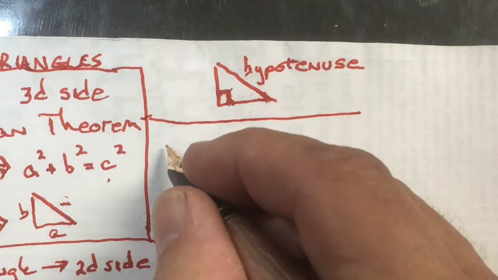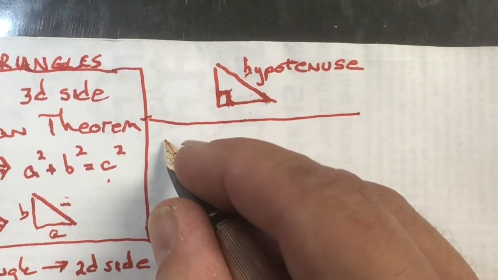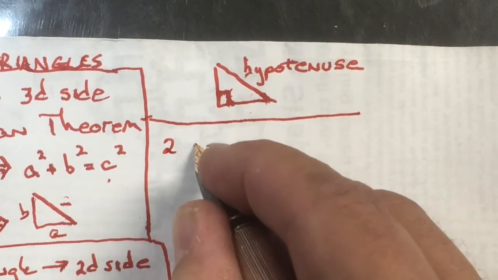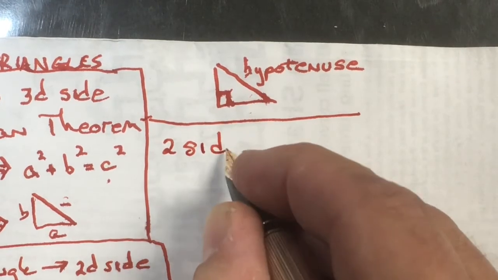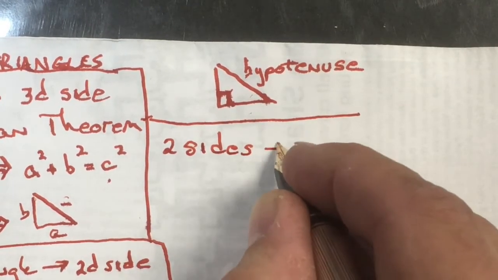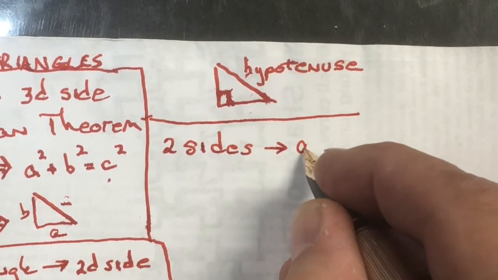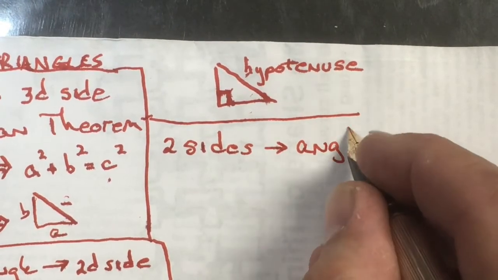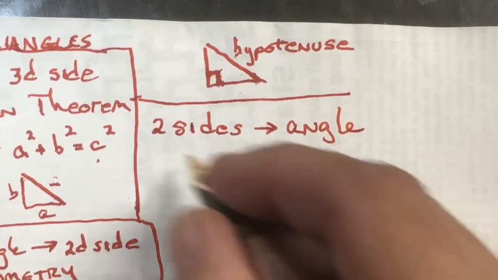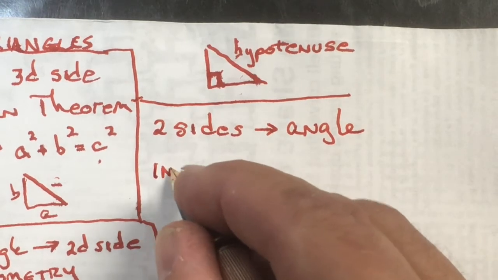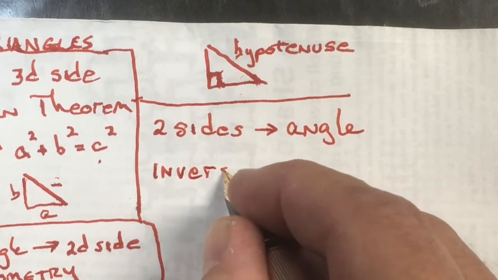Another thing that can happen is I could give you two sides, and ask you to find an angle. Remember, the hypotenuse is always opposite of your right angle, right? Okay? That's an inverse trigonometry problem.